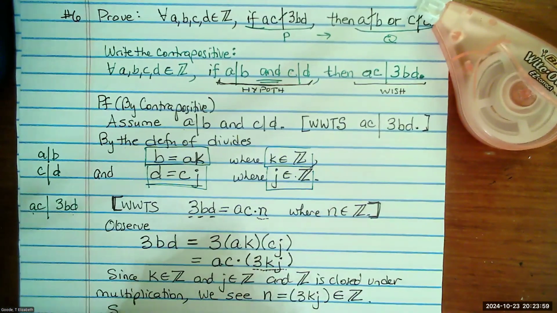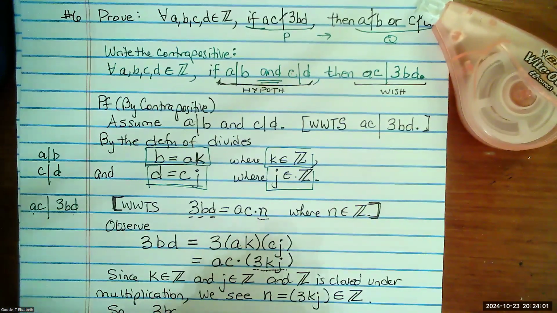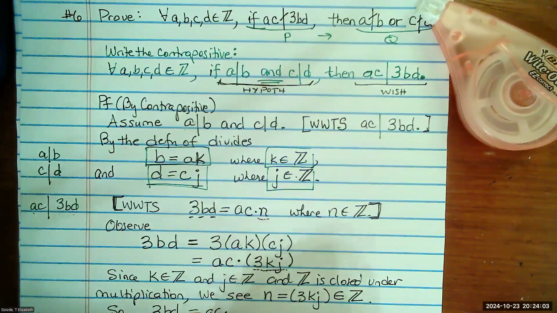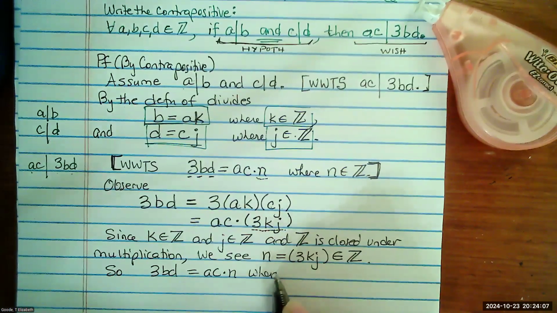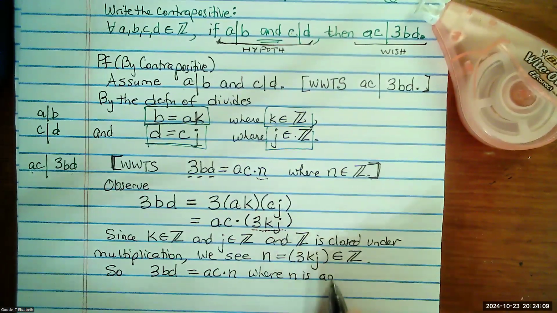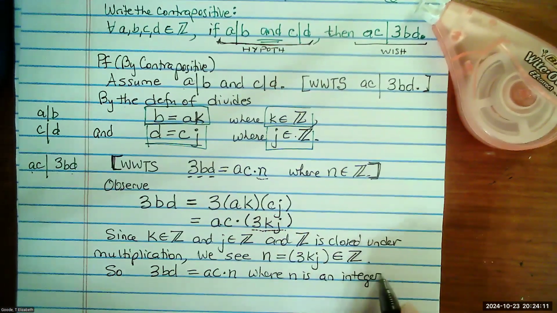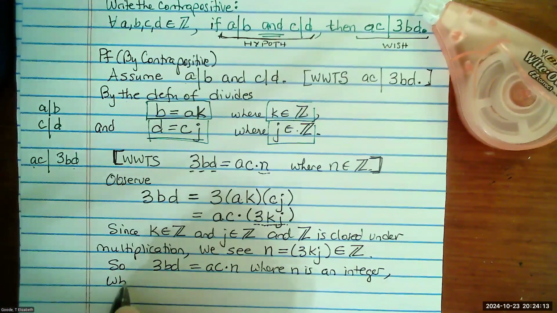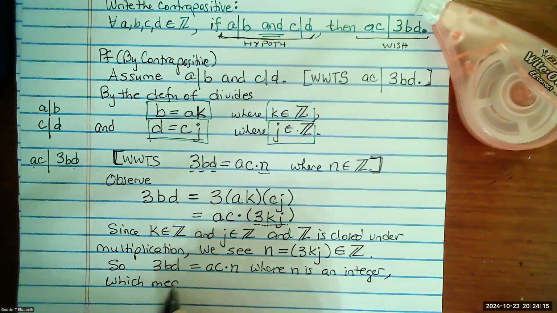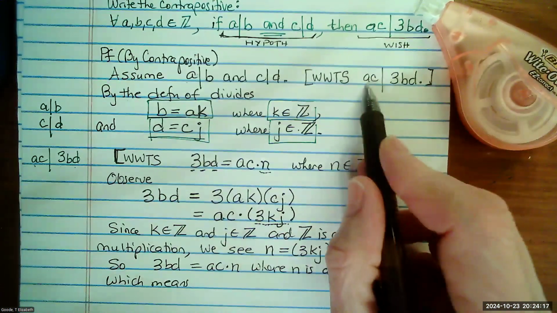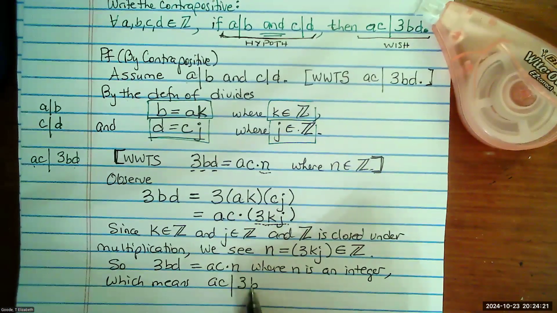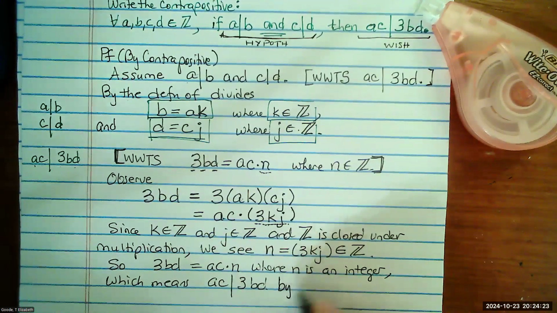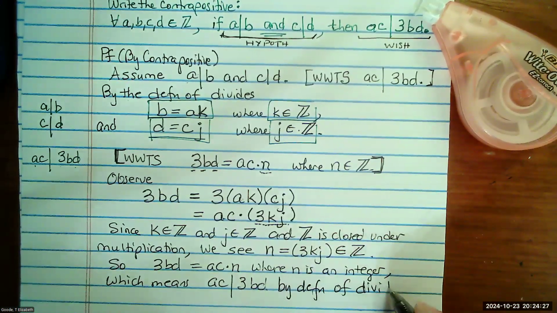So 3BD equals AC times N, where N is an integer, which means, okay, what was our wish? AC divides 3BD is desired. By definition of divides. Exactly. You did it.